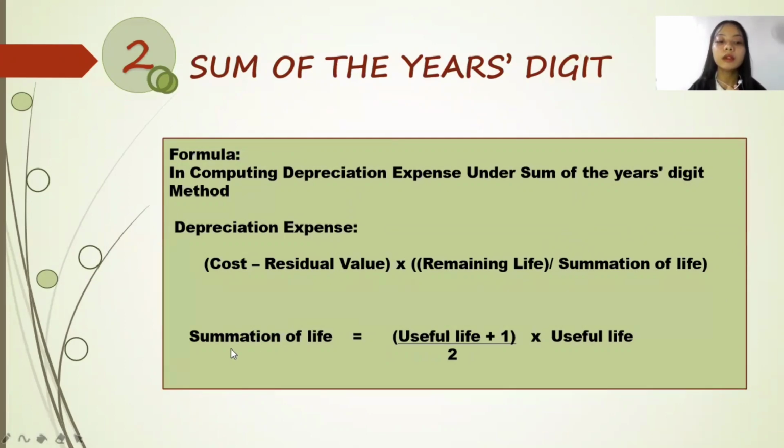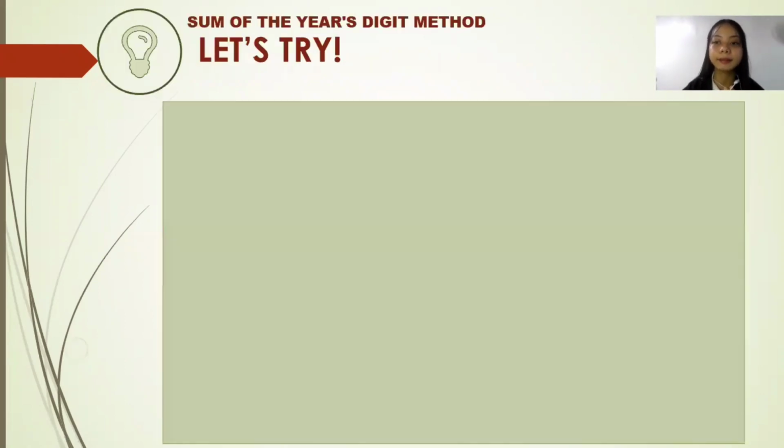So, kung dito, pinakita dito, kung paano kung mahaba yung useful life niya. Kunyari, 10 years, inabot ka ng 10 years. Meron dito shortcut. So, summation of life equals useful life plus 1 over 2 times useful life. So, ayan, pwede nating tandaan to. So, para gawin natin to sa problem. Para mas lalo natin maintindihan.